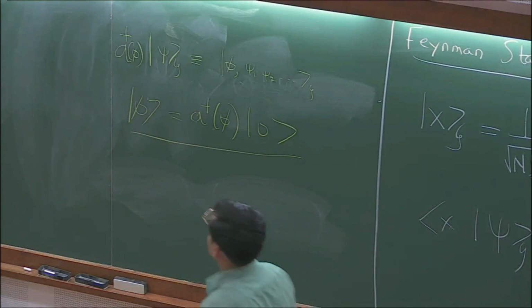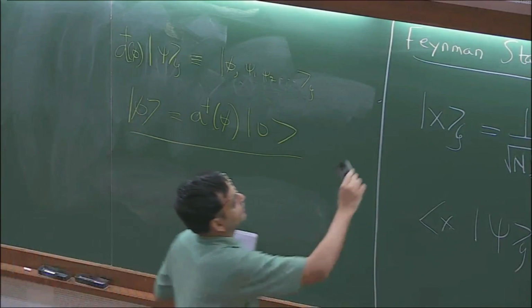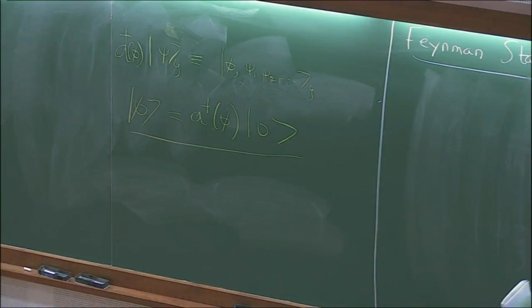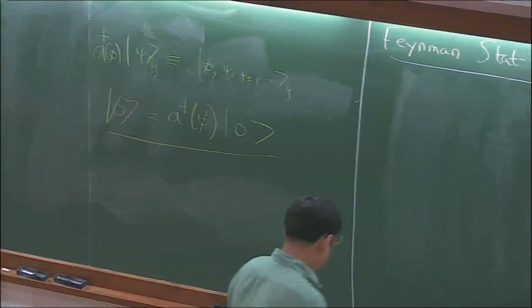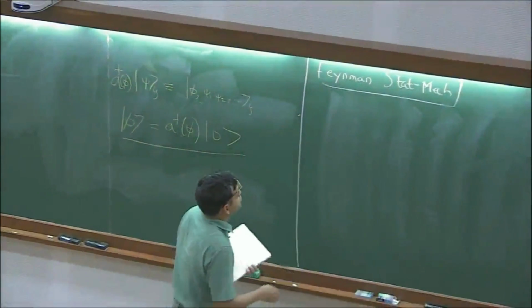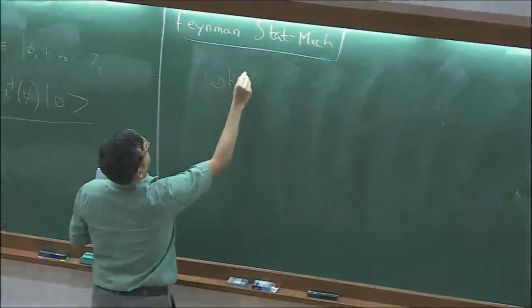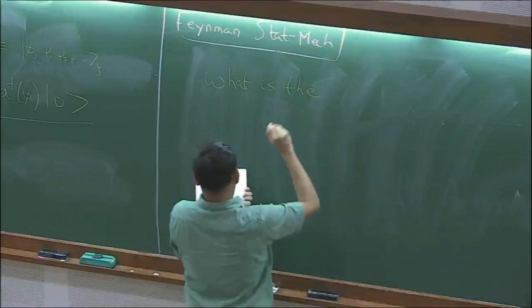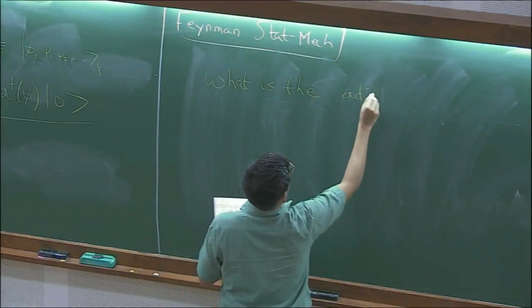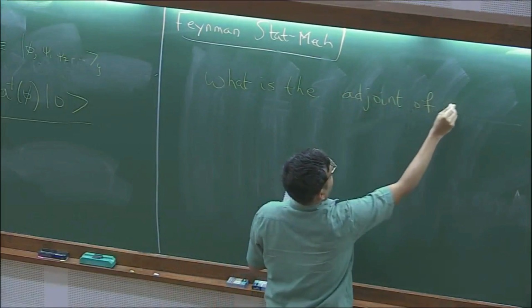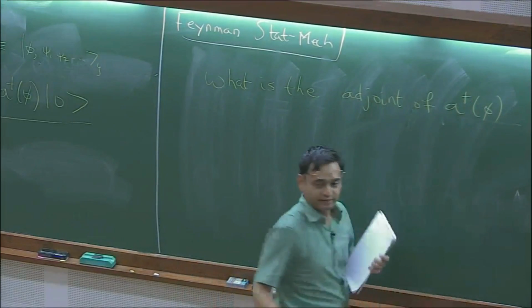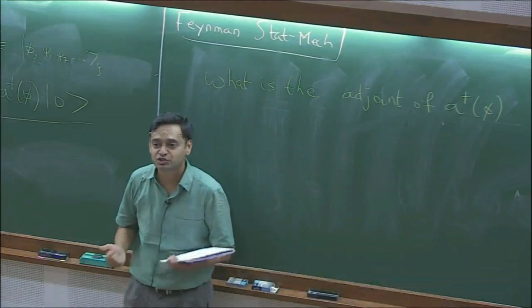Now, I want you to imagine, now if you have done this, the next statement, let's rub this out. So if I have an operator A dagger phi, I should be able to ask what's its adjoint.